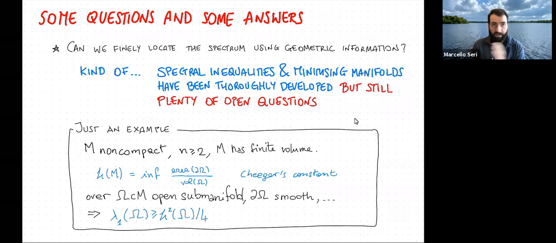It tells you that it can't be smaller than that, so it gives you some rigidity there. And Buser's inequality tells you that if you have a lower bound on the Ricci curvature, then you have an upper bound, in terms of the Ricci curvature and the Cheeger constant, on the first eigenvalue. So it tells you that it's isolated, and isolated in a very precise area of the space.